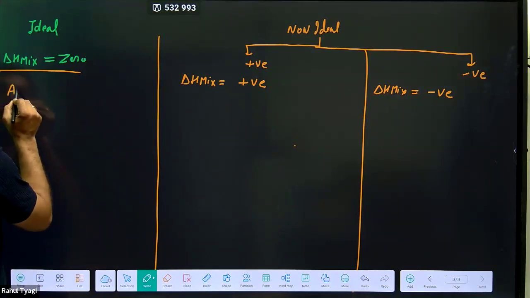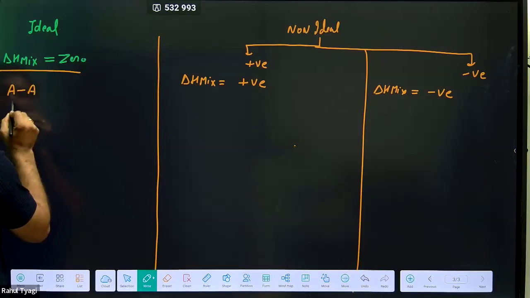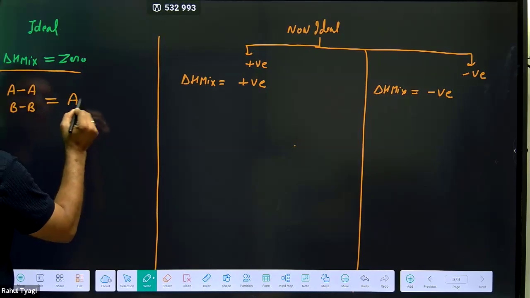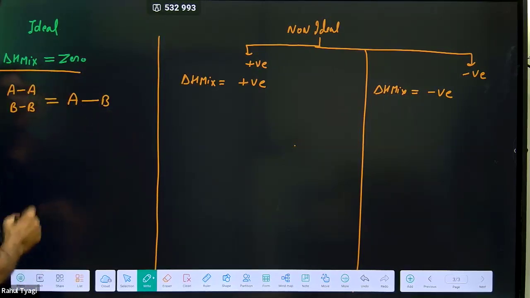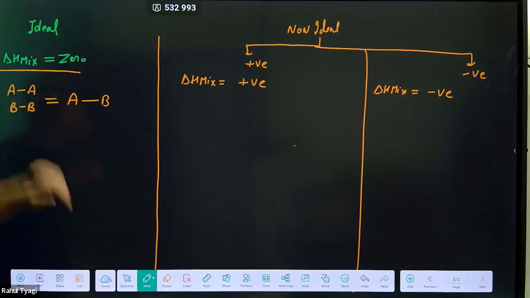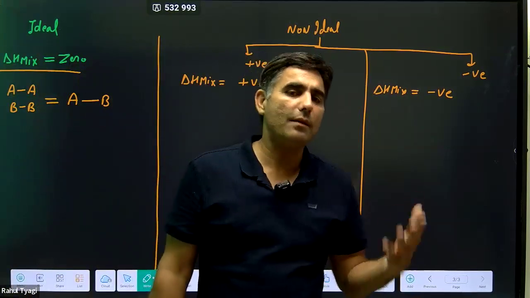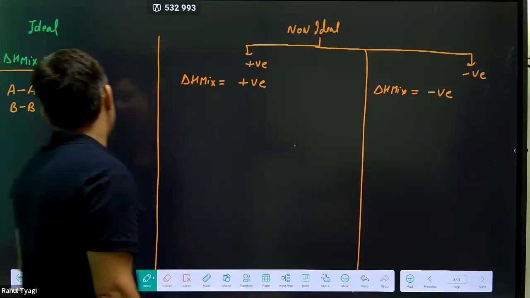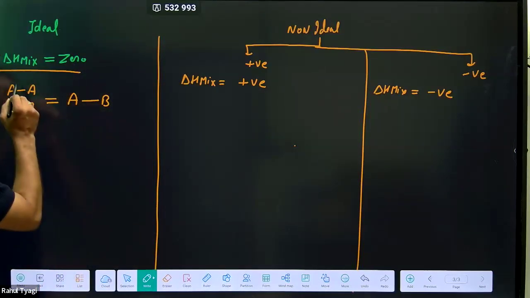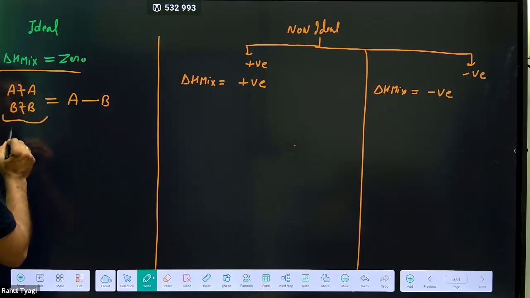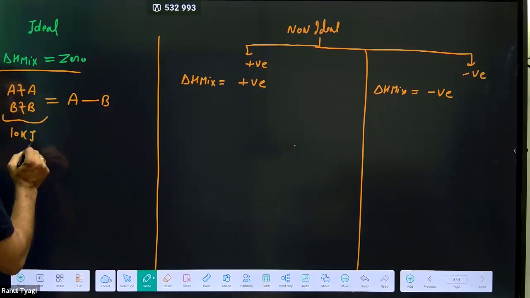The bond strength of AA and bond strength of BB is similar to the new bond strength AB. Now, if suppose 10 kilojoule energy is required to break this bond, per mole.